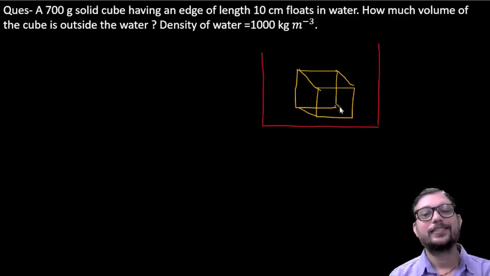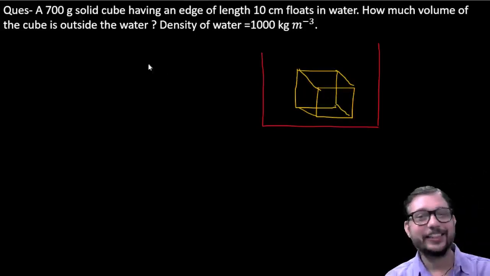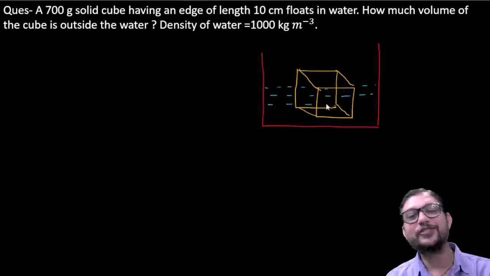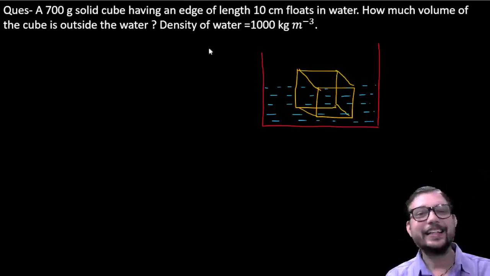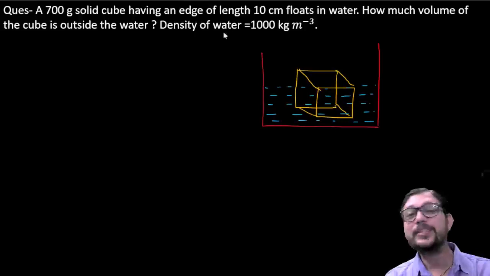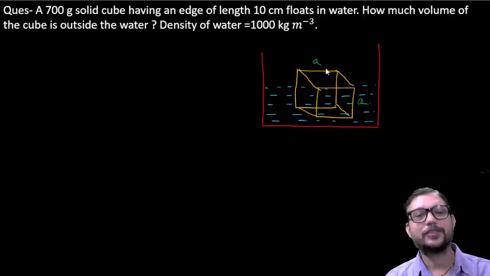I'm trying to draw a very neat and clean diagram for all of you. Now it is dipped in this water, because it is given that your fluid is water here. So this is your water, and the diagram is very clear, I hope. It is given that the edge, meaning side, is small a.